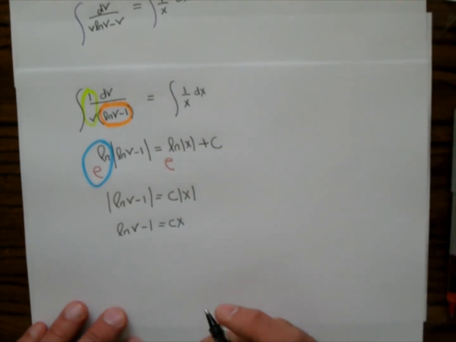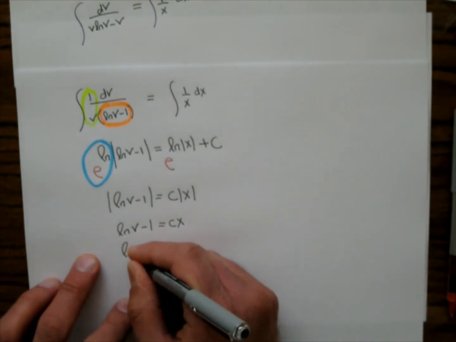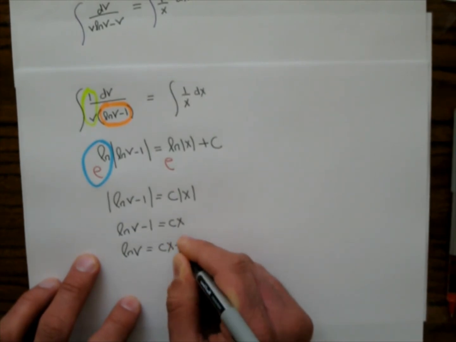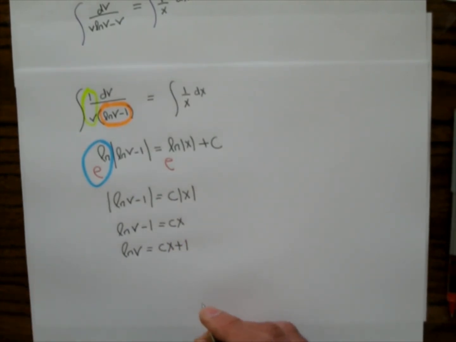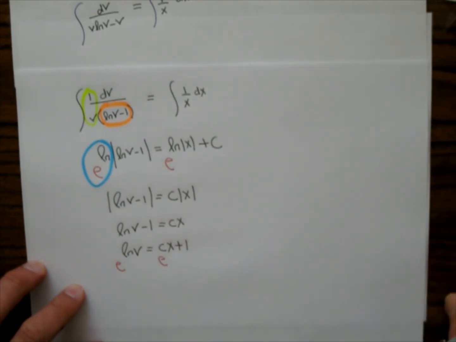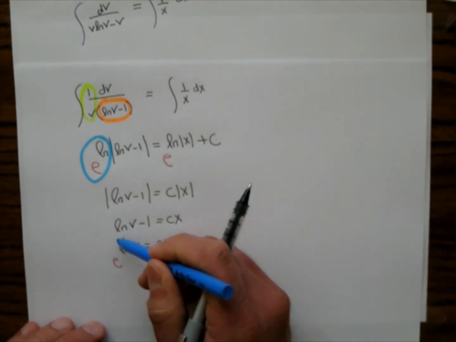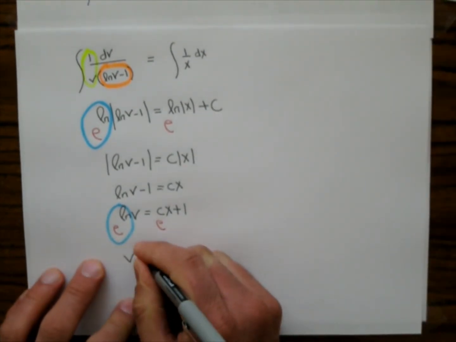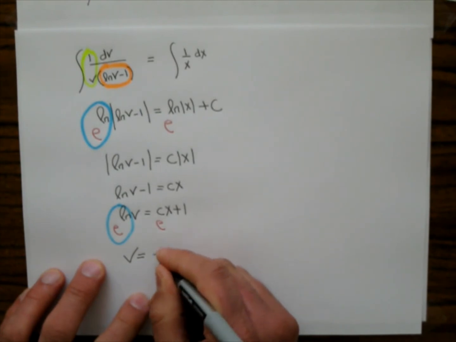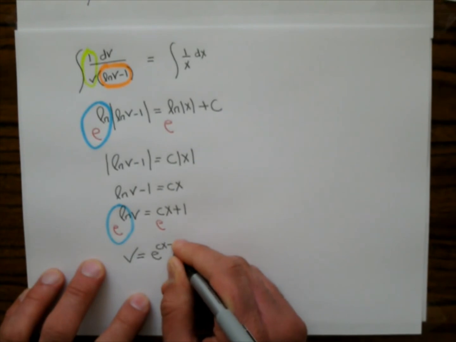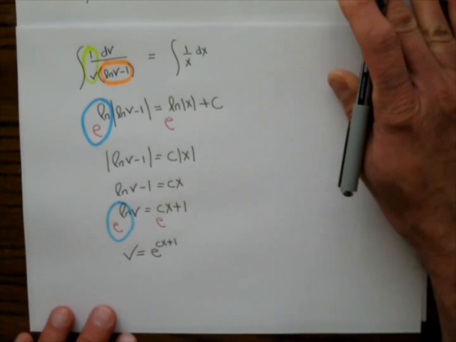Now we're almost done with this. I'm going to add 1 to both sides. ln v equals c times x plus 1. And we're going to go ahead and e both sides again, or exponentiate. And that thing there goes pop again, but there's no log over there, so we're going to keep the right-hand side the way it is. I'm going to get v equals e raised to the c times x plus 1 in the exponent.